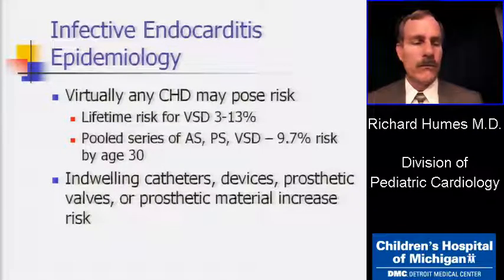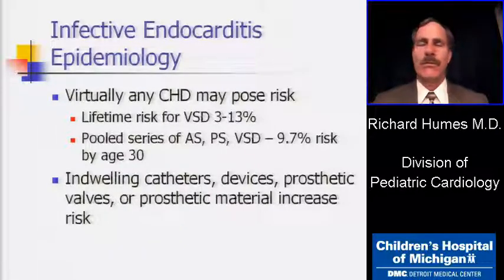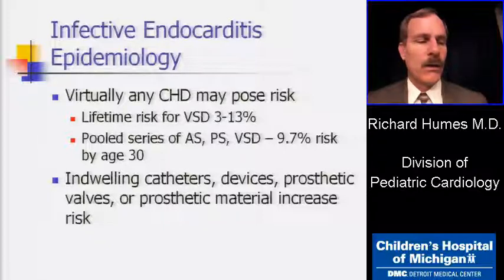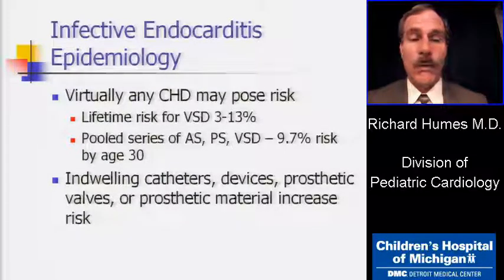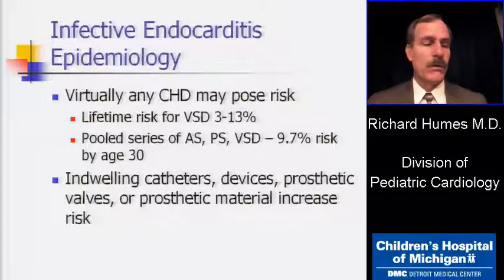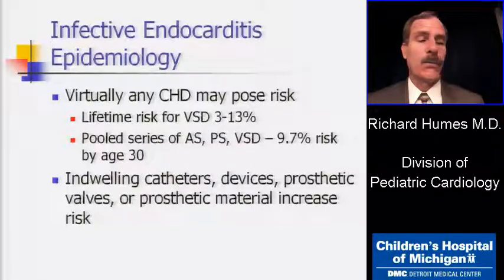Pooled series of ASDs and VSDs suggest a 9.7% risk by the age of 30. Also, endocarditis may be more common in the modern age with indwelling catheters, devices, certainly prosthetic valves and prosthetic material.